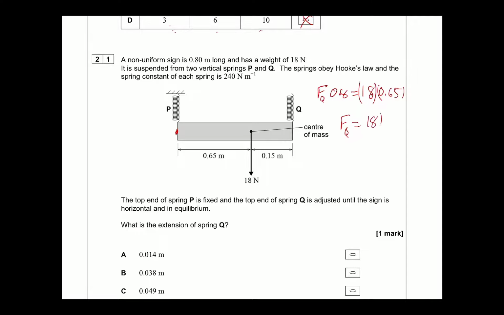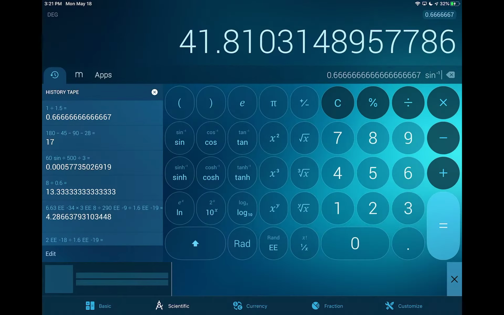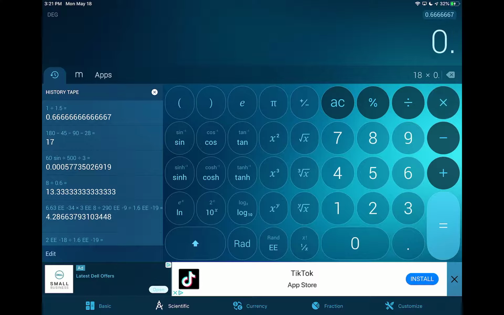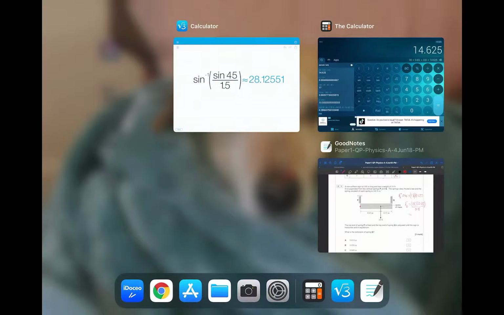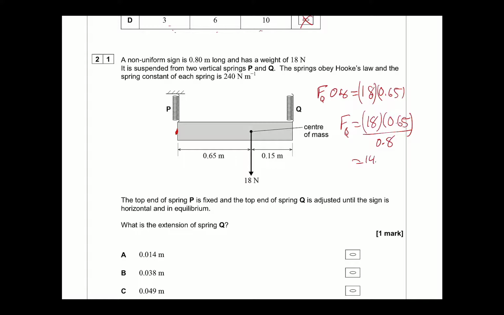So 18 times 0.65 divided by 0.8 is 14.625.